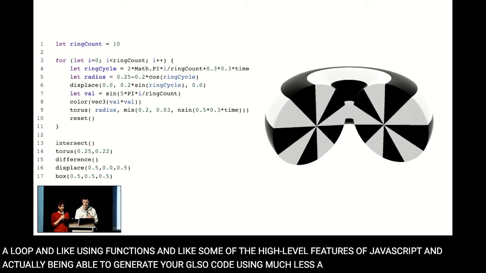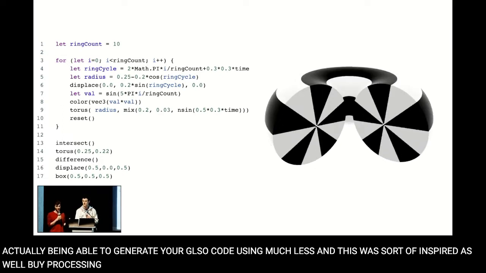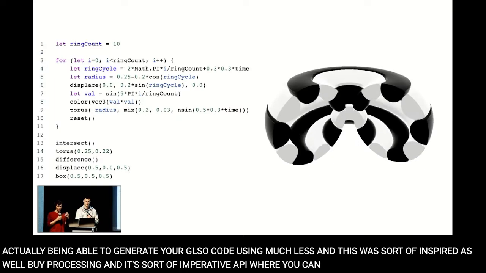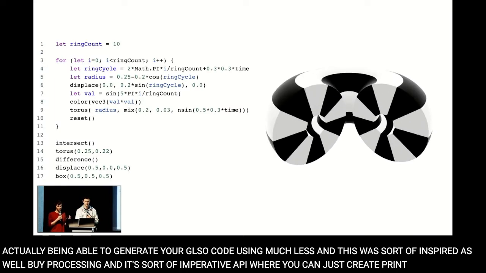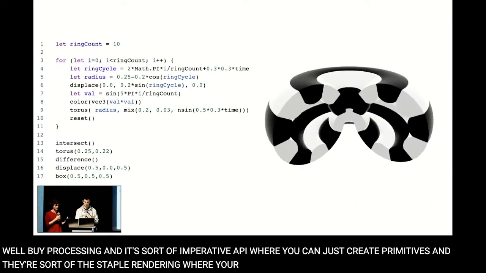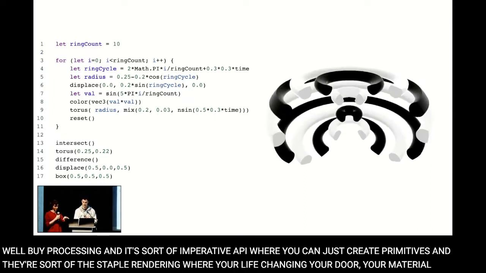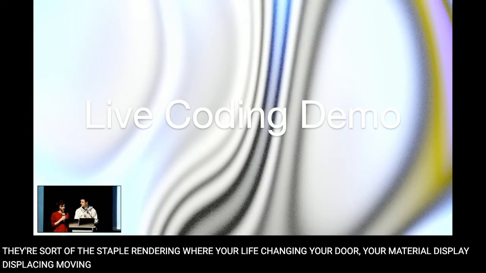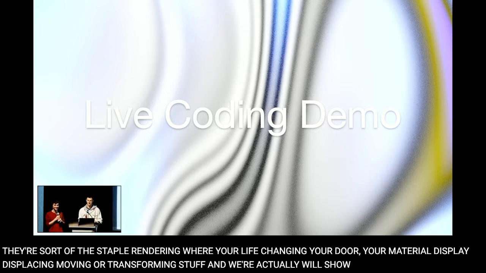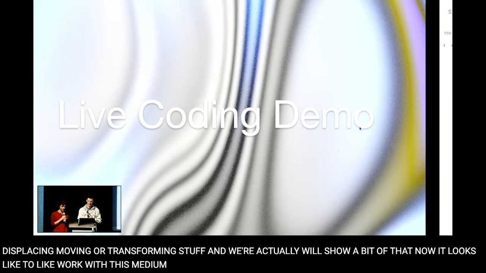And this was inspired as well by Processing and its imperative API where you can just create primitives and there's this stateful rendering where you're changing your coloring, your material, displacing, moving your transform and so on. And we will show a bit of that now, what it looks like to work with this medium in a live coding setup.